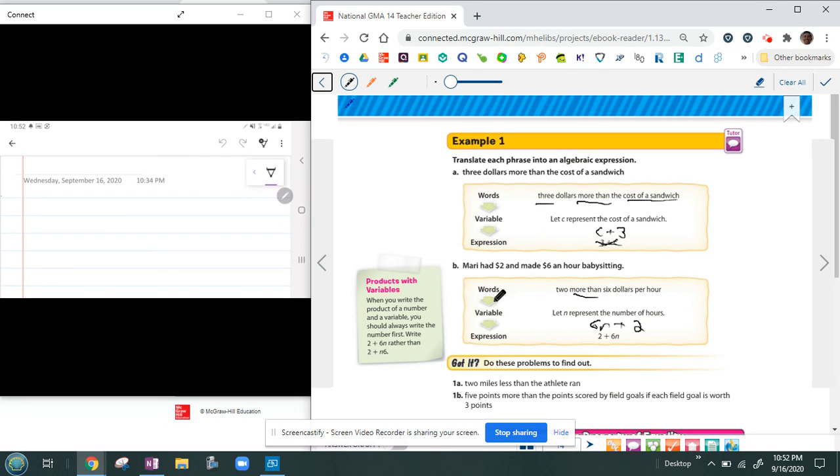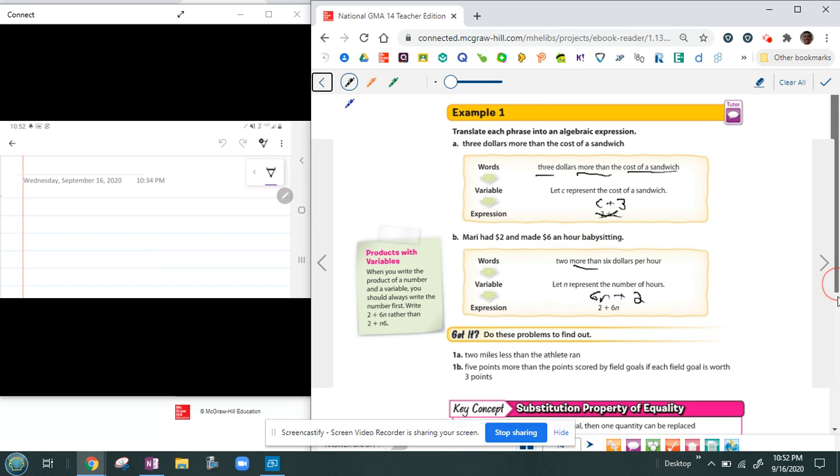More than and less than, we take the number that starts it off and put it at the end. You can read over this, pause and read that. It's this idea that typically we write the number before the variable when we have a product, a multiplication monomial there. Or term.